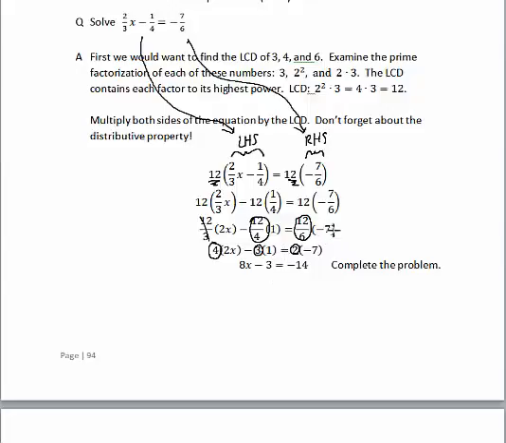So with any equation that contains fractions originally, we multiply both sides by the lowest common denominator, and we get rid of the fractions. We don't want to deal with them. They're difficult to add and subtract. Well, maybe I shouldn't say difficult, but definitely more time consuming.